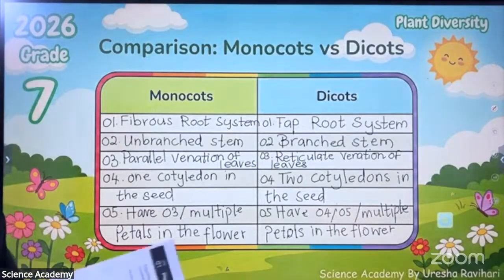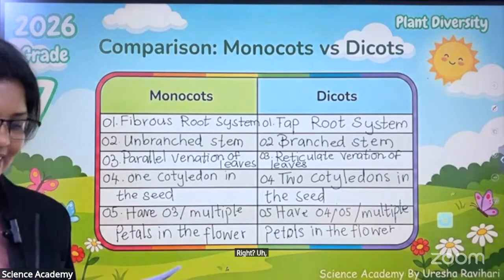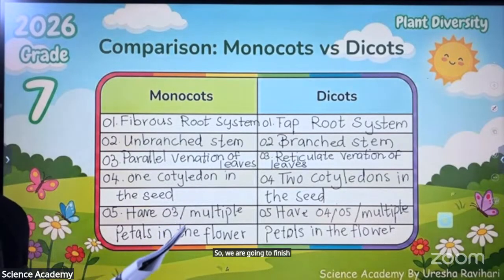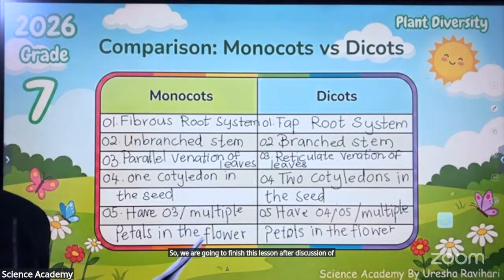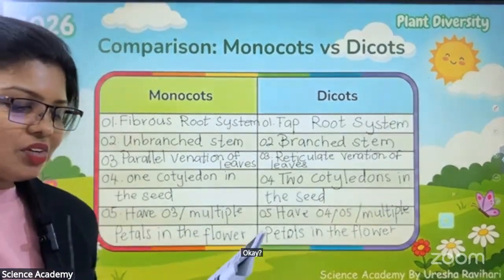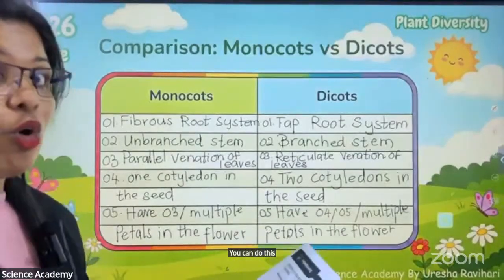Children, after writing this, next time we are going to finish this lesson after discussing experiment number 1 and experiment number 2. You can do this activity at home also.